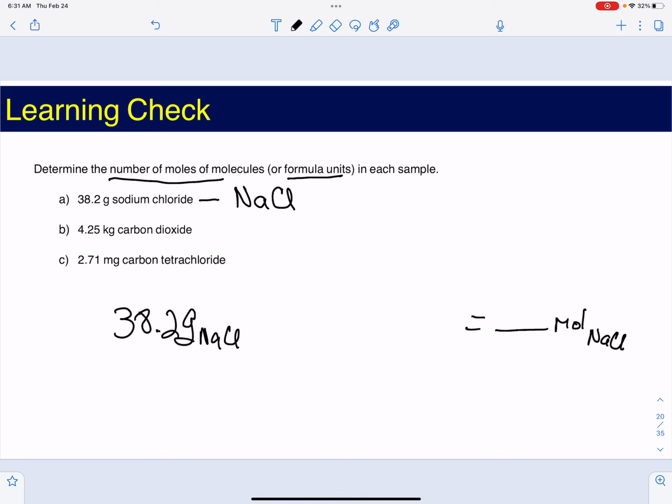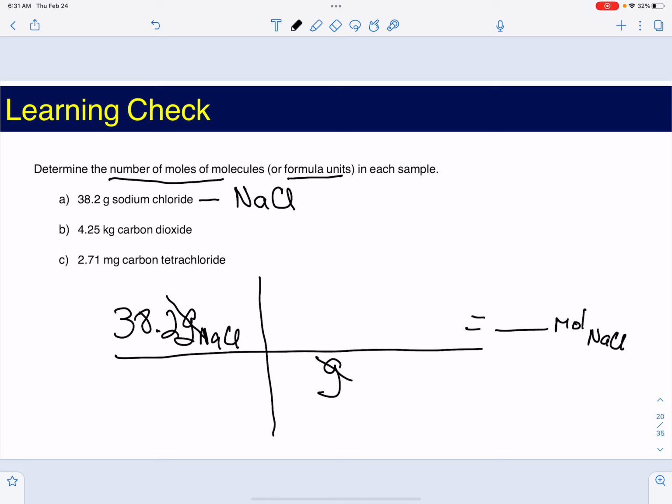So how are we gonna do that? Same as always. We don't care what units we're dealing with. We use the same methodology. I do not care about the grams because I'm looking for the moles, right? And when you look at this, what you have is molar mass.